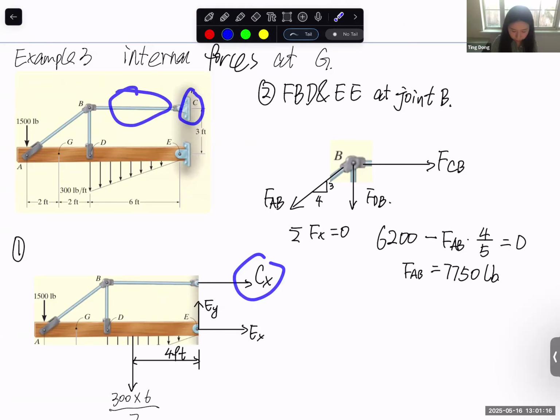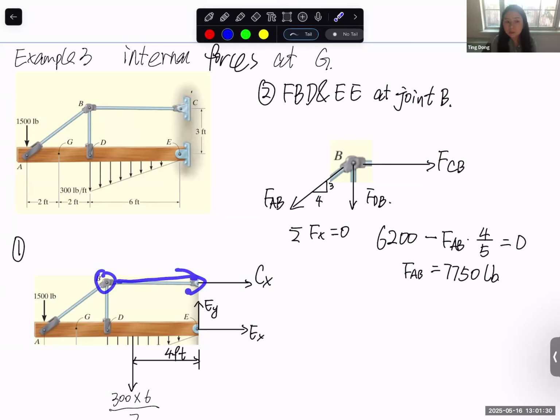So if the pin joint applies a force in this way, do you agree that the force applied by the CB bar to the joint B is also in this direction? Let's say I'm the pin joint, I'm pulling this point. It should be the same, that this CB bar is also pulling the B joint in the positive X direction.